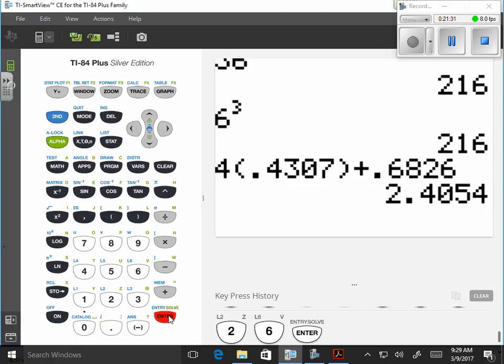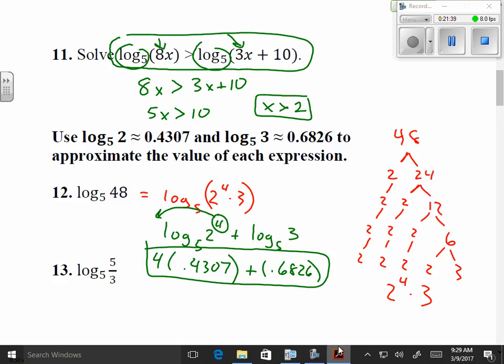You get 2.4054, which should be the same as if we did log of 48 divided by log of 5.